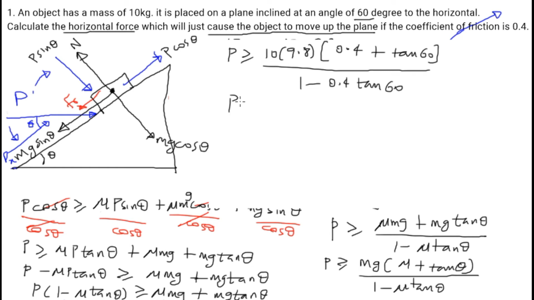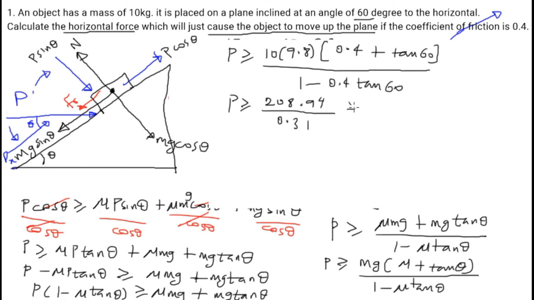So we should have 208.94 at the numerator, and 1 minus 0.4 multiplied by tan of 60 degrees at the denominator, which is equal to 0.31.